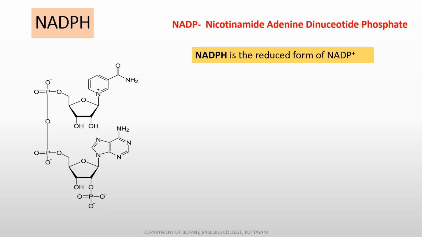This extra phosphate group forms this P here. The other two phosphates are parts of NAD also. So NADP differs from NAD in this additional phosphate group which is attached to the ribose ring connected to adenine.